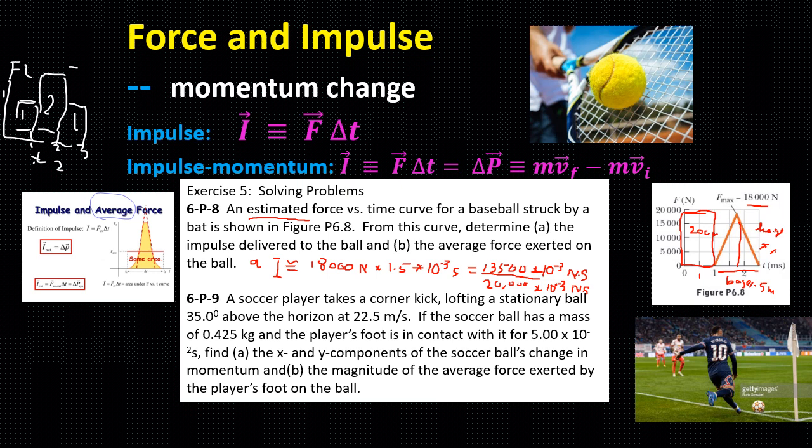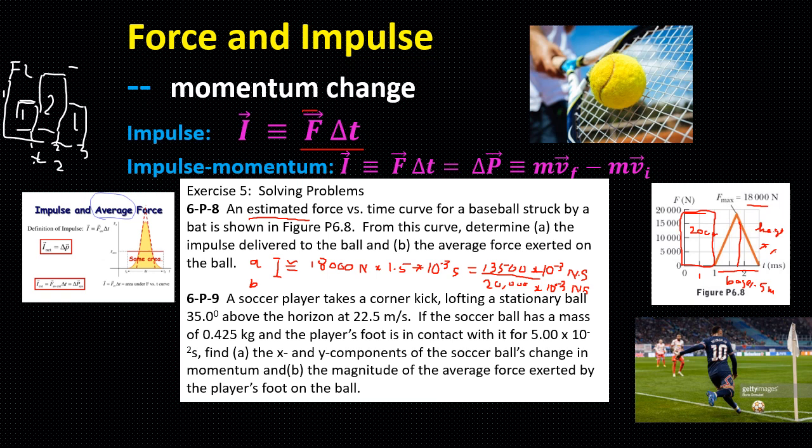So now B. The reason we want to calculate the impulse is we want to know the average force. Normally, impulse is the average force times T. So what is average force?